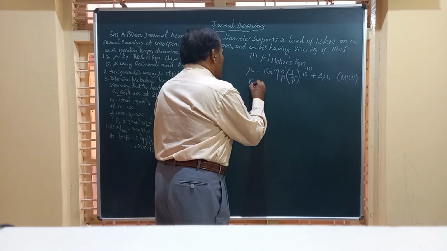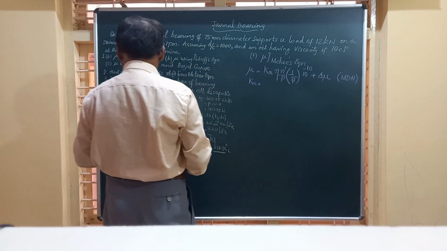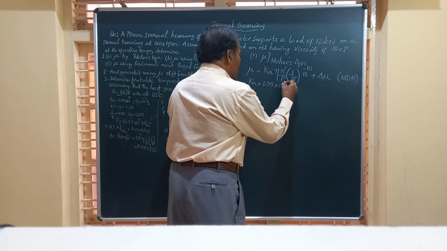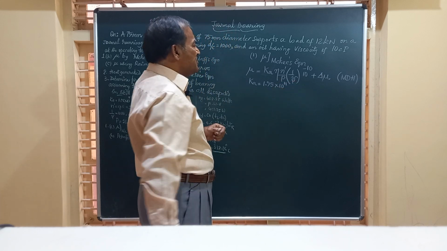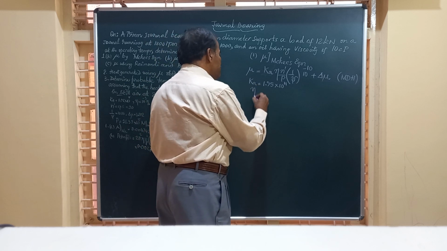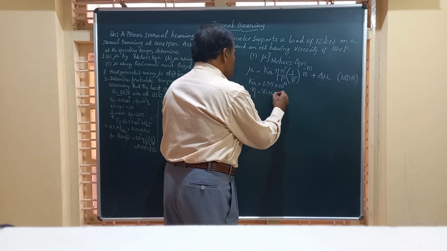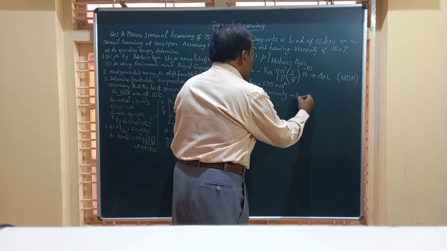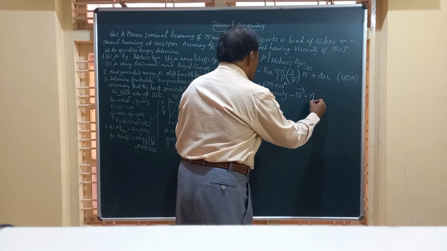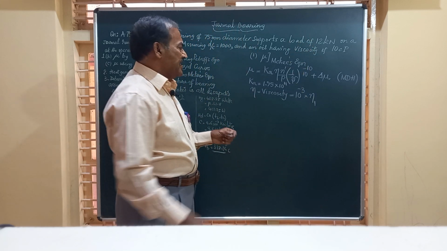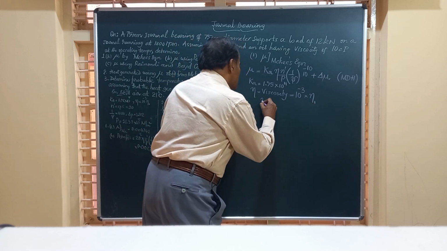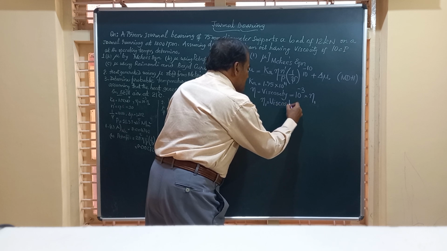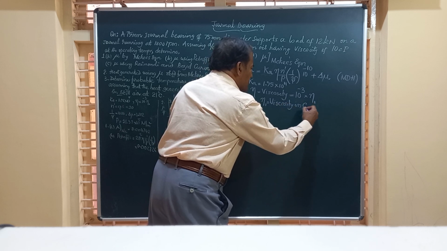So this Ka is a constant. This is given by the value 1.95 into 10 to the power of 11. This is given just below this equation. And friends, eta is the viscosity, that is given by 10 to the power of minus 3 into eta 1, where this eta 1 is the viscosity in centipoise, Cp.